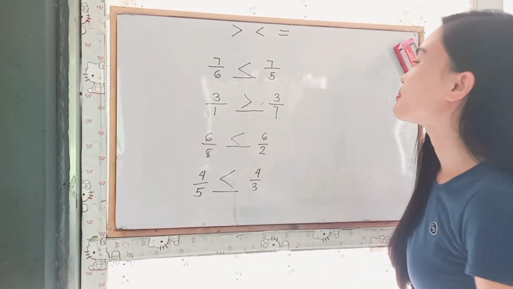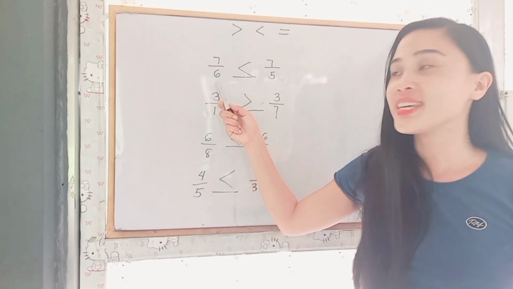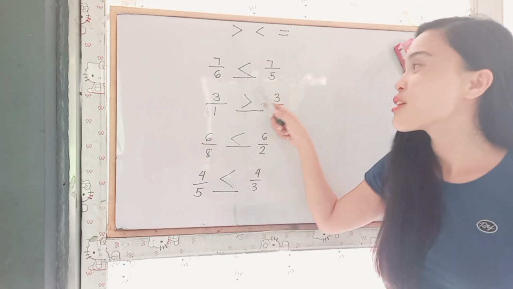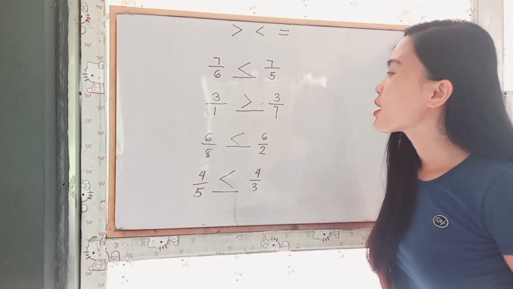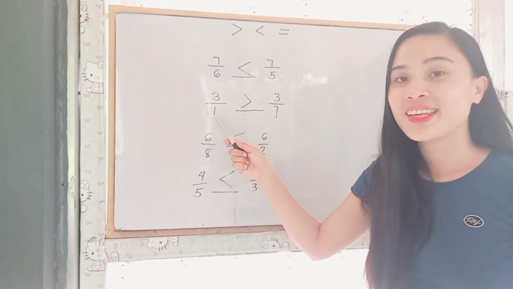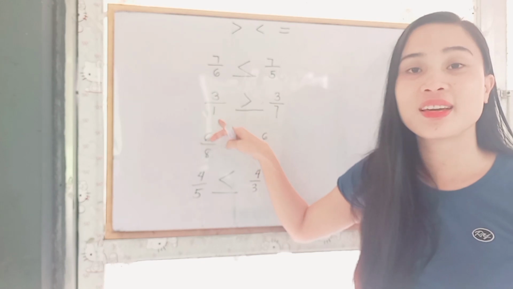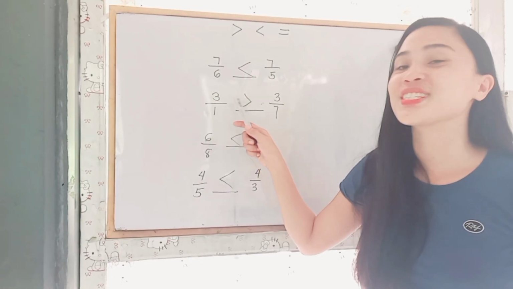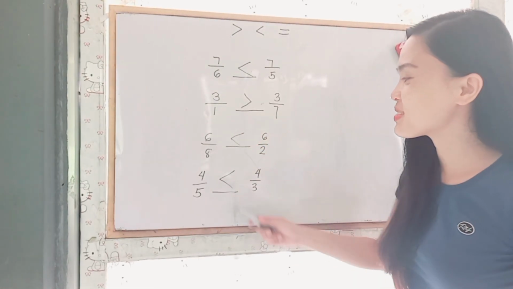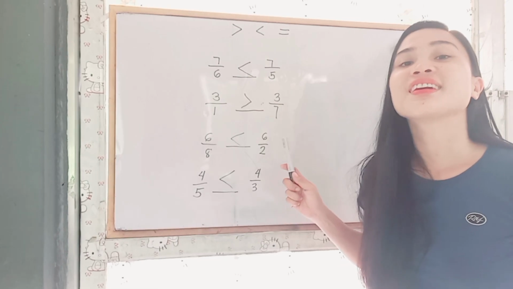So look at this one. Since 5 is greater than 6, look at the mouth of the shark facing the greater fraction. This one, we have 1 is lesser than 7, so this means that this is the greater fraction. So 2 is lesser than 8, therefore this is the greater fraction.